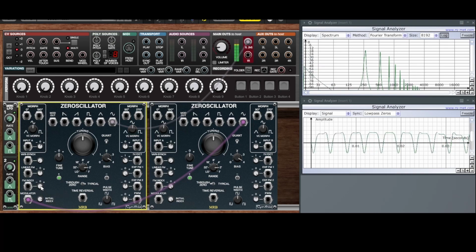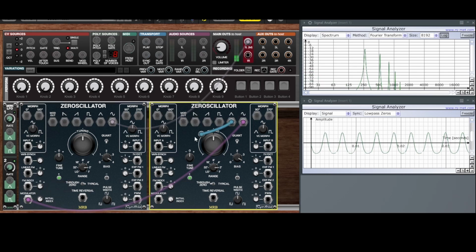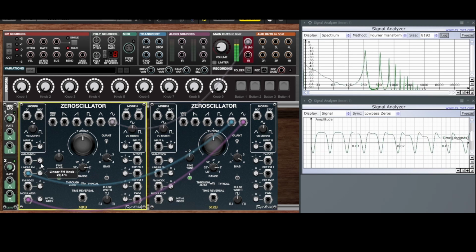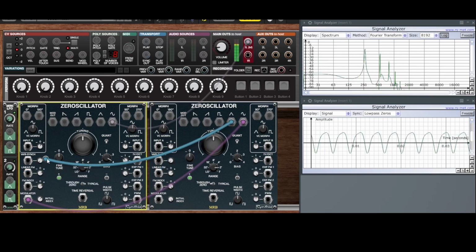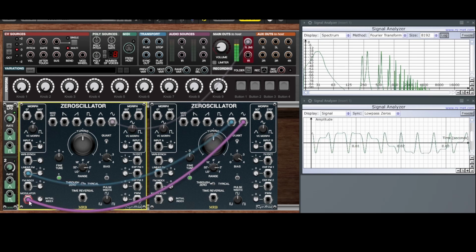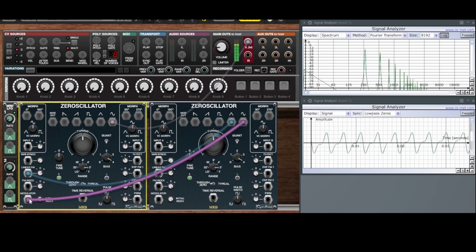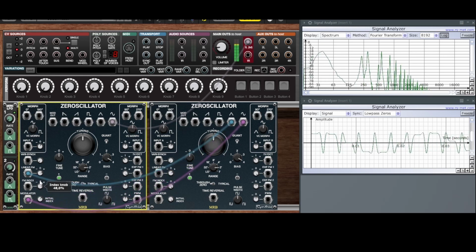A modulating signal which is additionally fed in the upper jack, the one labeled linear FM, is added to the modulating signal fed in the modulator jack. To make it absolutely clear, signals fed into the modulator jack lead to linear FM too, even if it's not called linear modulator.